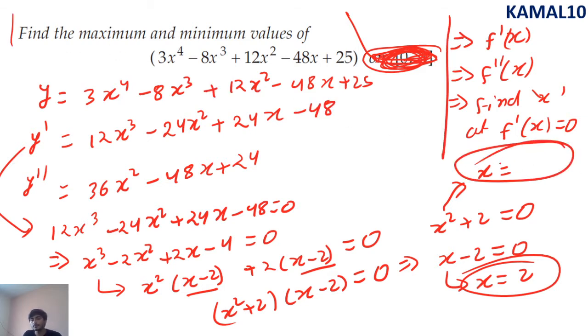Okay, so x square is equal to minus 2, so x is equal to root of minus 2, which can be written as plus minus root 2 iota, right?